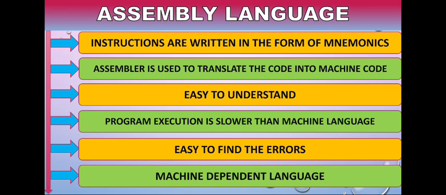But the program execution is slower than machine language. To convert the assembly language into machine language, one translator program is used, called an assembler. But again, it is a machine-dependent language.